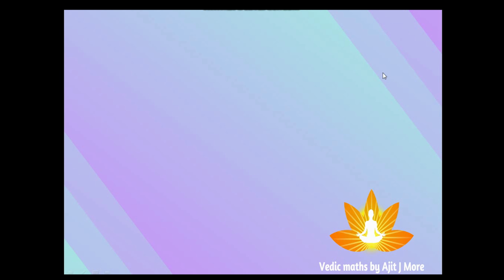In the past two sessions, we have been discussing one Vedic trick, that is multiplication of two numbers which are near to the same base. In that, we discussed that both the numbers can be lesser than the base, both the numbers can be greater than the base, and one can be lesser and one can be greater.